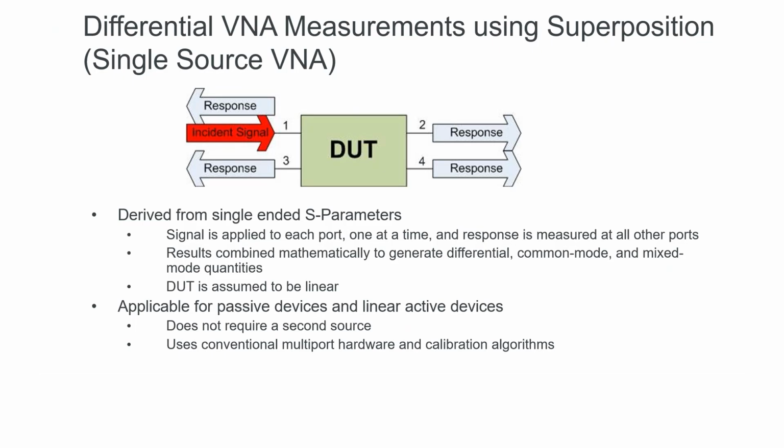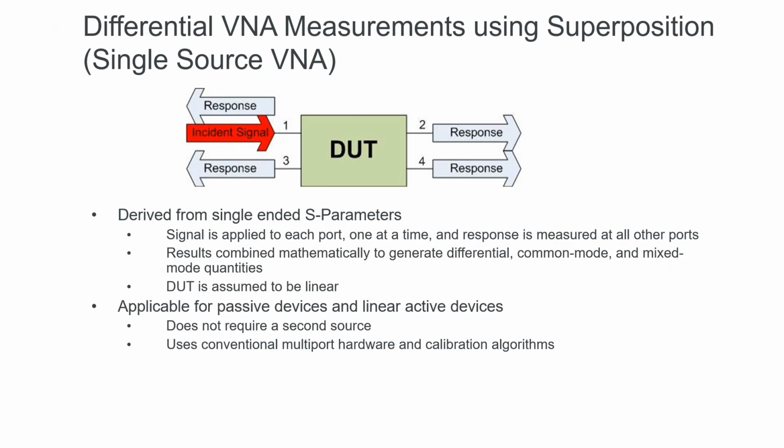And then we go to the next port and do the same thing. So we collect all of these ratioed measurements to form our S4P matrix of single-ended S parameters, and then mathematically generate the differential, common mode, and mixed mode quantities based on that. So as I said, this works perfectly well for passive devices and even linear active devices.